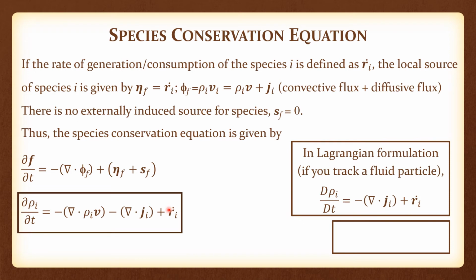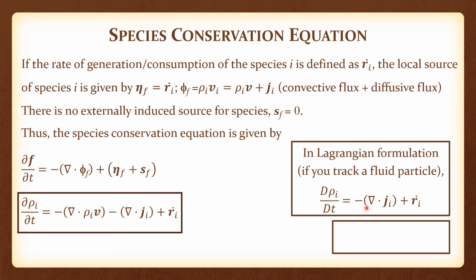This is in the Eulerian formulation. In the Lagrangian formulation, as you know, D rho i by Dt, the D by Dt with the capital D, is ∂/∂t plus del dot the quantity into v. So basically this together is the substantial derivative of the density of that particular species, or the concentration of that particular species.